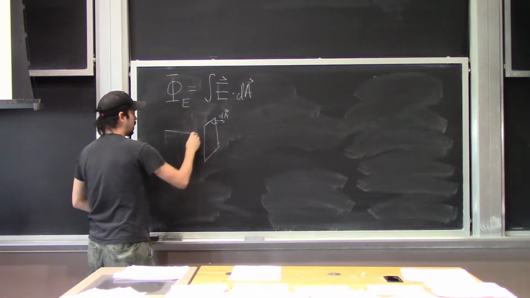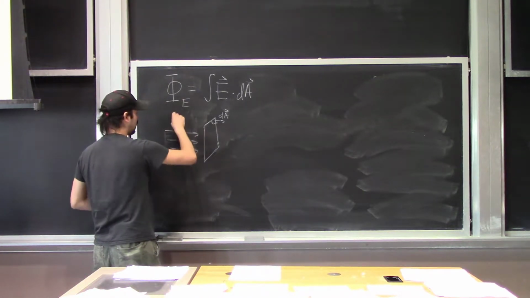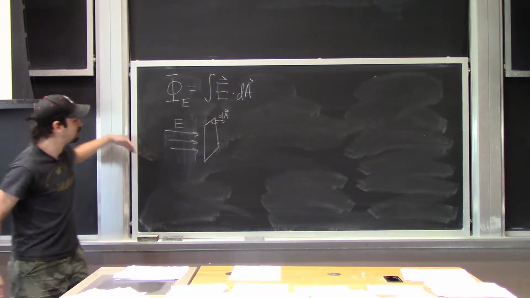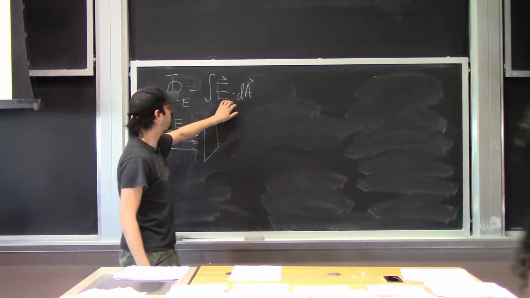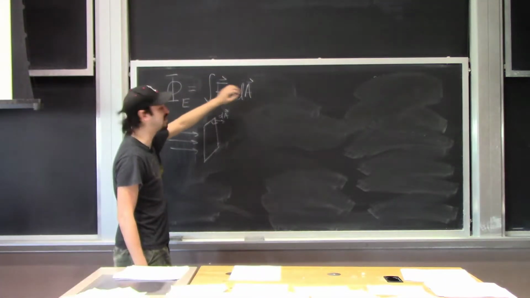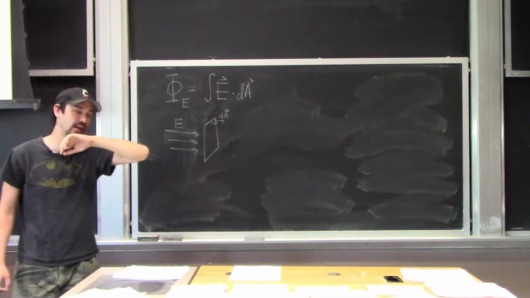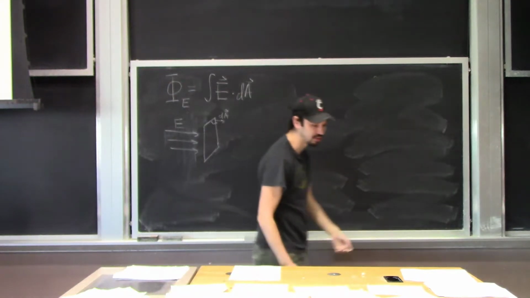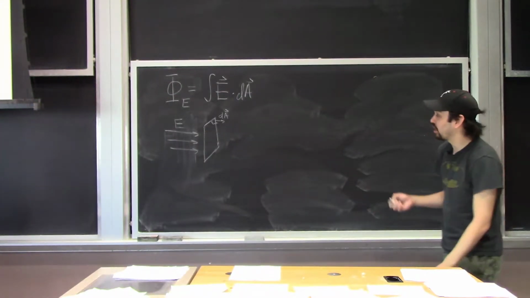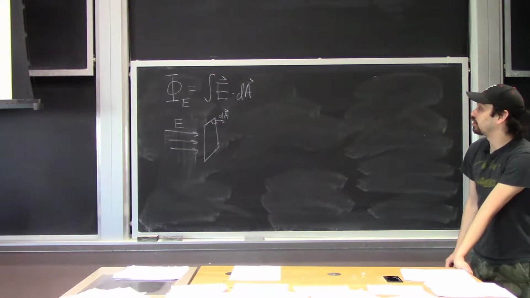We could look at the maximum case now, where E is in the same direction as dA. Here, when I take this dot product, this is just going to be E times dA, not vector E dot dA. This reduces to just the product of the magnitudes because the angle between them is zero.